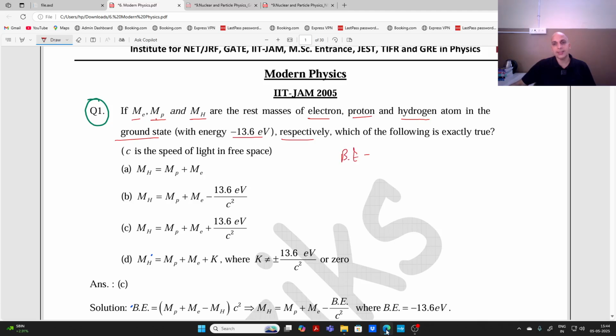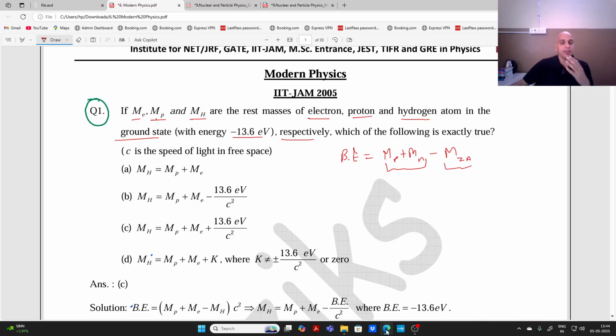We know very well what is binding energy of the atomic nucleus. Binding energy is equal to the difference between the mass of protons plus mass of neutrons minus the mass of the nucleus so formed. This is the binding energy. Now the same thing is applied here.